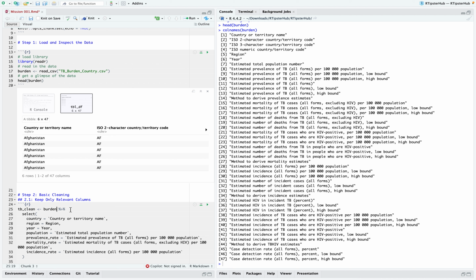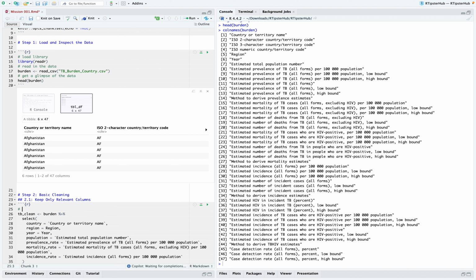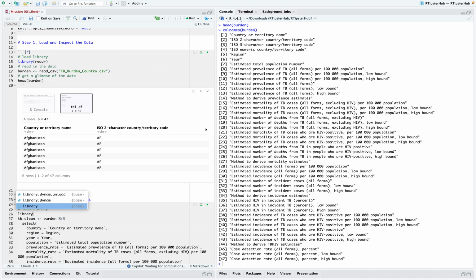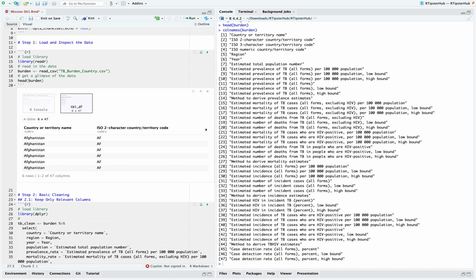So first option is to use select. Select is a function of a package called dplyr, which has not been loaded yet. So what we do is load the library dplyr, and then filter columns.